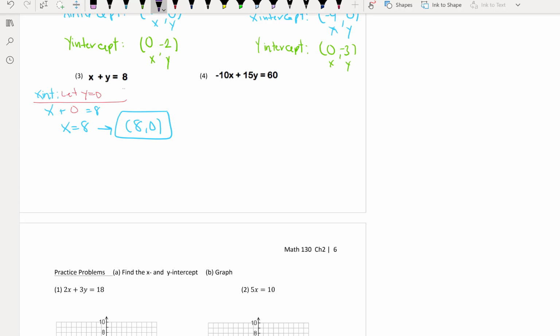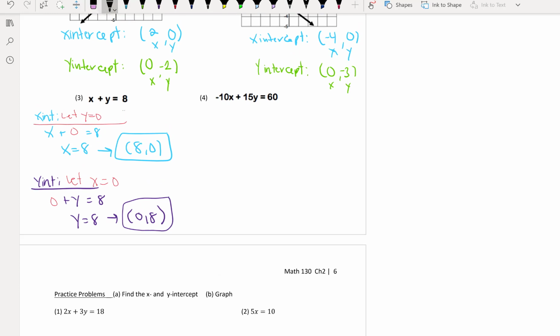Now, if you are trying to find the y-intercept, you would let the x value equal 0. So the x is now 0, and you have plus y is equal to 8. So y is equal to 8. So your y-intercept is 0, 8.